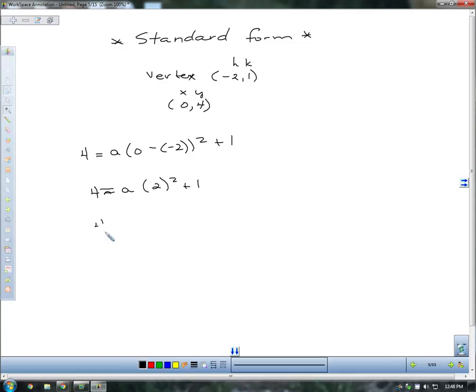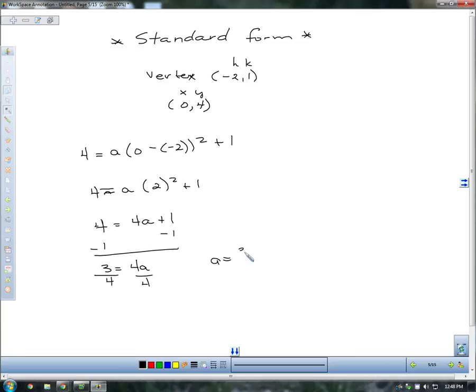Okay, 2 squared is 4. So I have 4 equals 4a plus 1. Okay, I cannot combine these two because they both don't have a's. So I'm going to subtract 1. Get 3 equals 4a. Divide by 4.